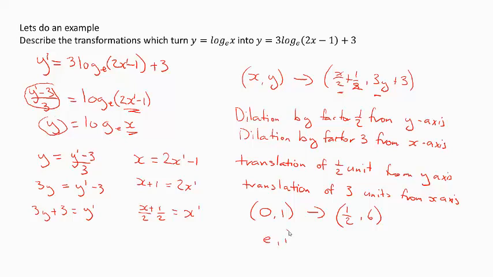When x equals e on this one, y equals 1 on the original graph, well, that would just become a half e plus a half for my x coordinate. I've written that back to front, haven't I? Sorry. Just scrub this out for a minute.